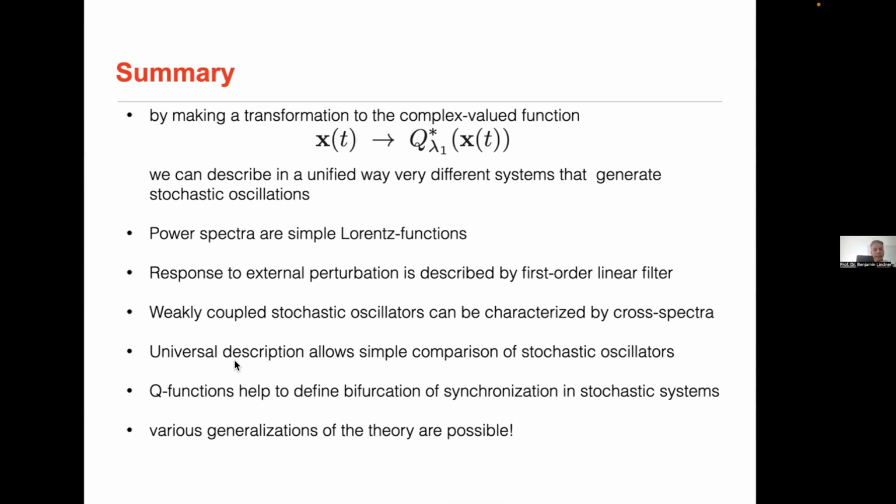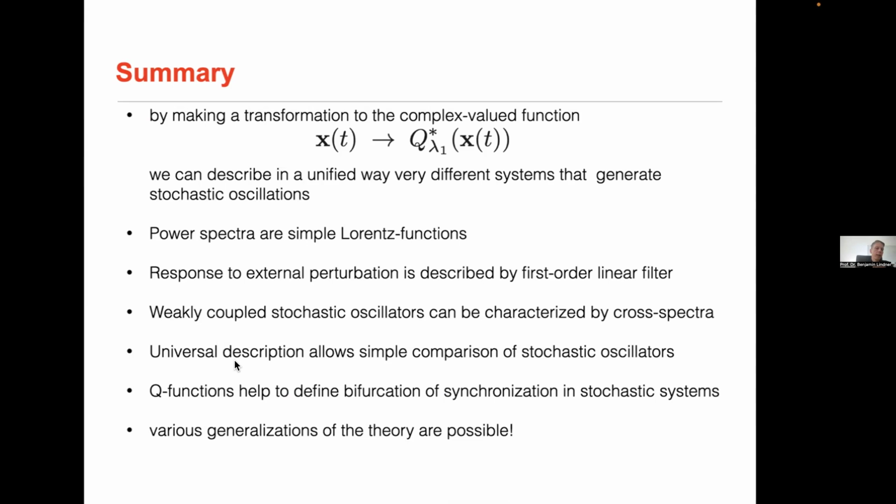And finally, in this brand new work that is only available on the arXiv at the moment, I showed you that Q functions help to define bifurcations of strongly coupled stochastic oscillators.